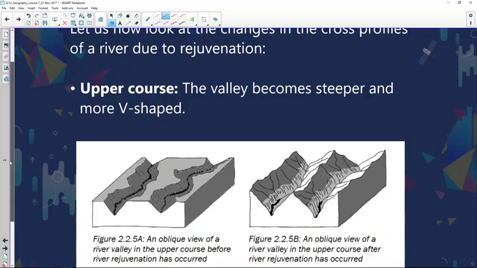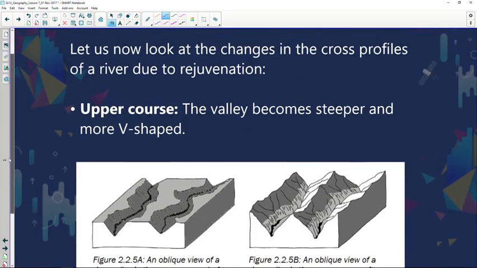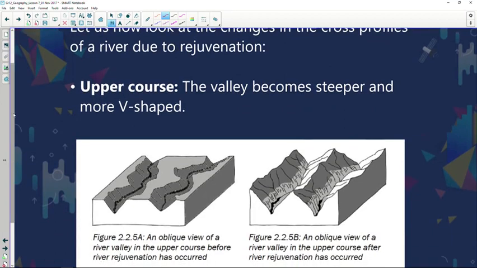Now, there's just a couple of diagrams showing you an oblique diagram of rejuvenation. As you can see, in the upper course, there's the river flowing. We already know it's a very steep riverbed profile. It's downwards erosion taking place. Now, with the increase of water, what did we say?